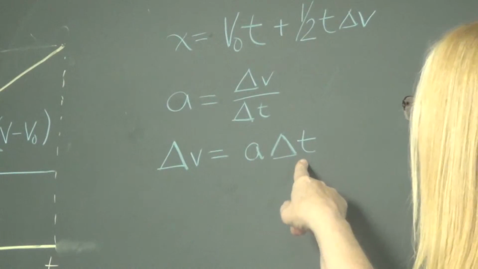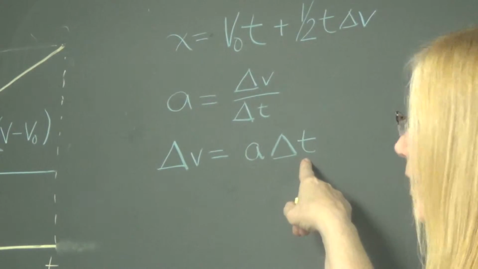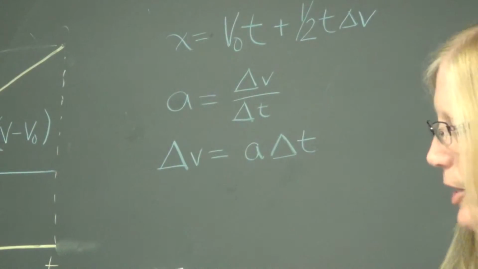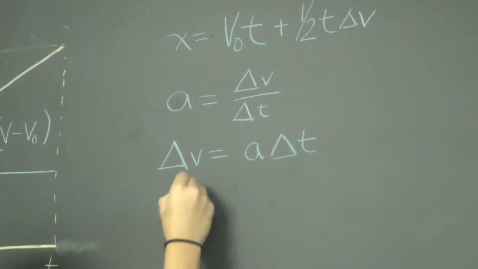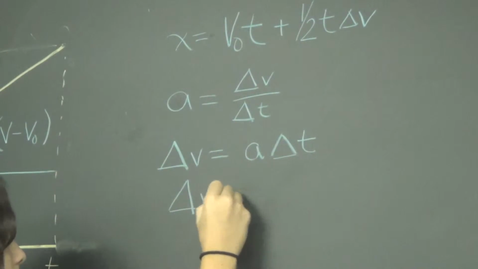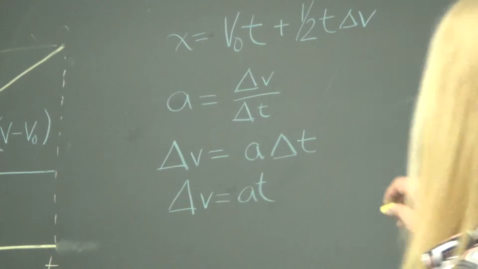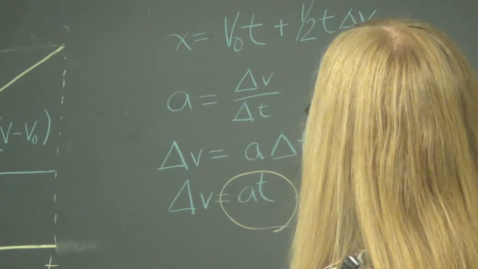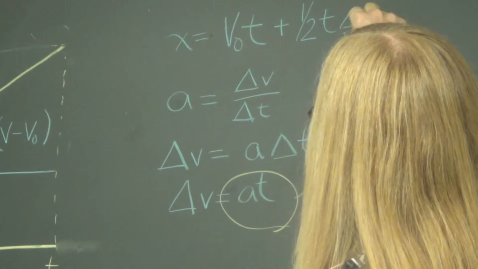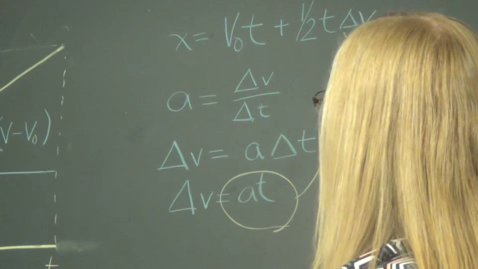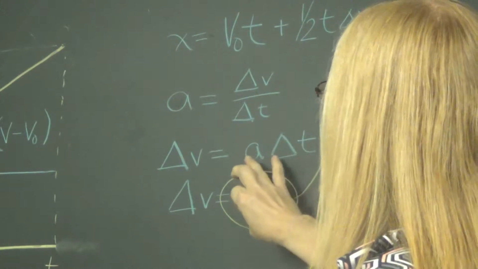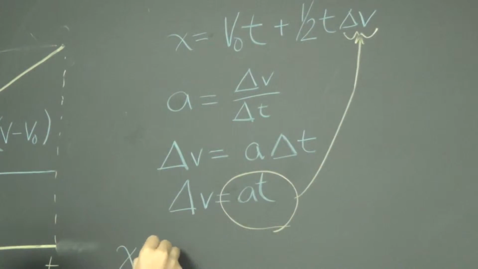I want you to rewrite this: instead of change in t, just call it t. So you want change in v equals at. And I'm going to take this value and substitute it in for change in v up here. So if you would start here with x equals, when you get to change in v, put in at. Substitution.